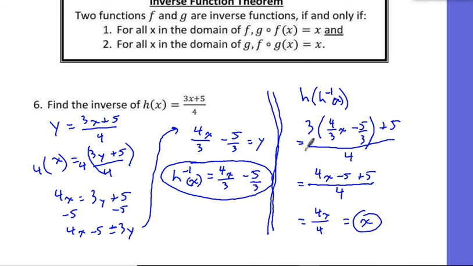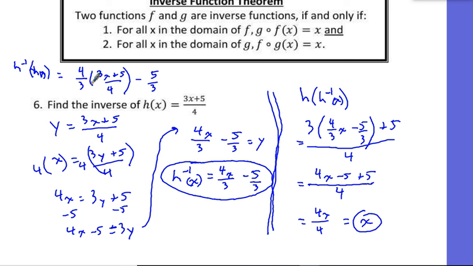I've run out of space here, but let's try up here. We will find h inverse of h of x, going the other direction, which would be 4/3 times (3x plus 5) over 4, minus 5/3.